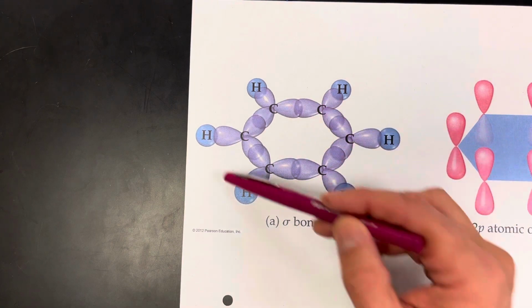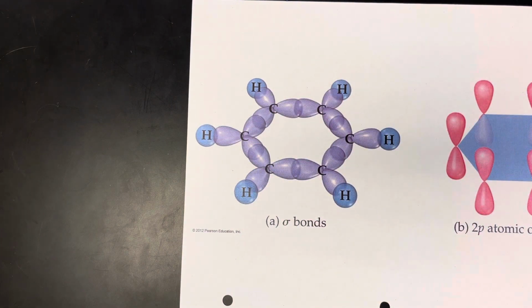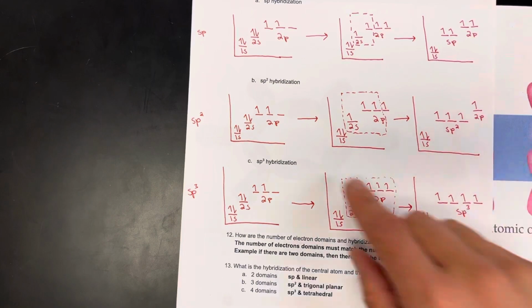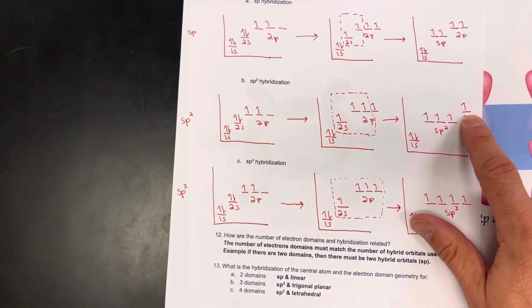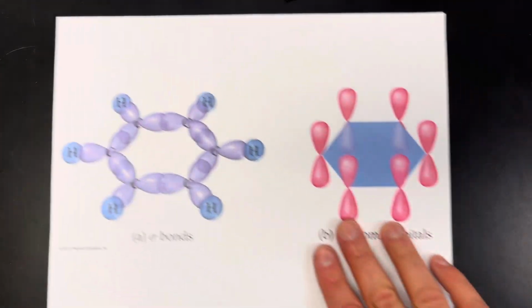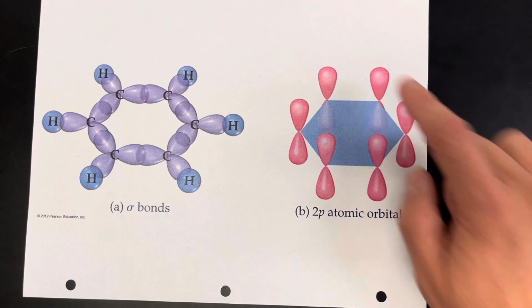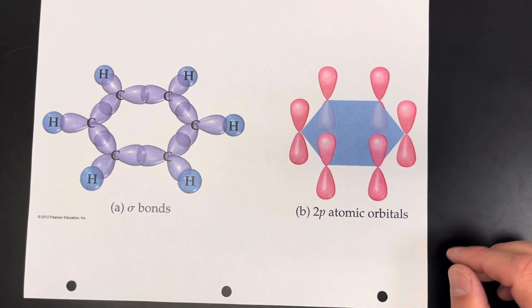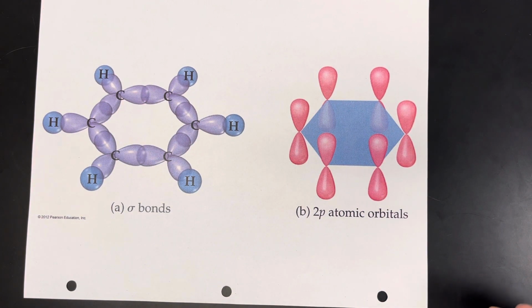And everything that you see over here is going to be the sigma bonds. These are the first bonds that are occurring, okay? So if this is going through sp2 hybridization to make those 3 purple orbitals that you see, well, it also tells us that you got some p electrons, okay? And over here is all the other p orbitals, and they're going to end up doing the second bond in benzene.